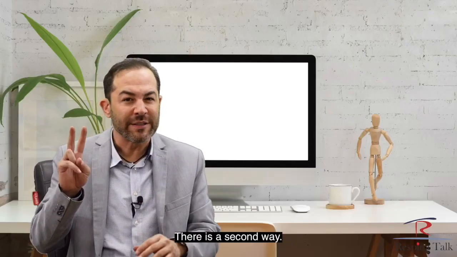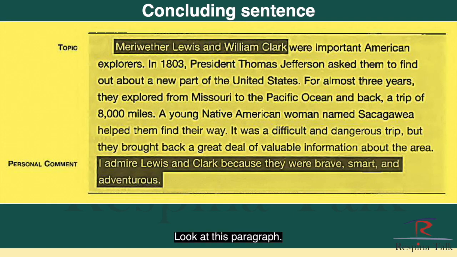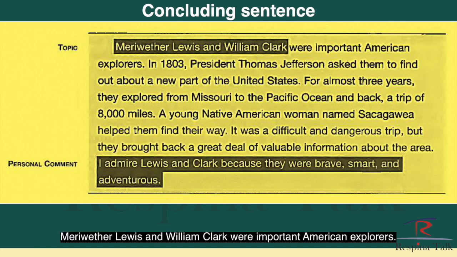Now, there is a second way. Sometimes the writer ends the paragraph with a personal comment about the topic. Now look at this paragraph. The topic sentence is, "Meriwether Lewis and William Clark were important American explorers." This is the topic sentence. The topic is Meriwether Lewis and William Clark.